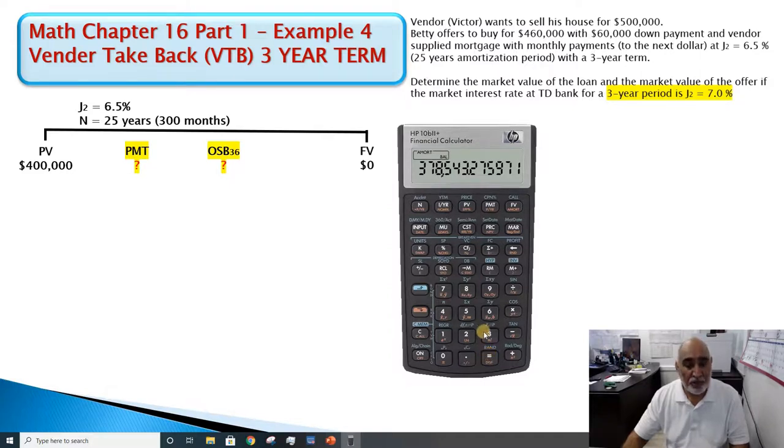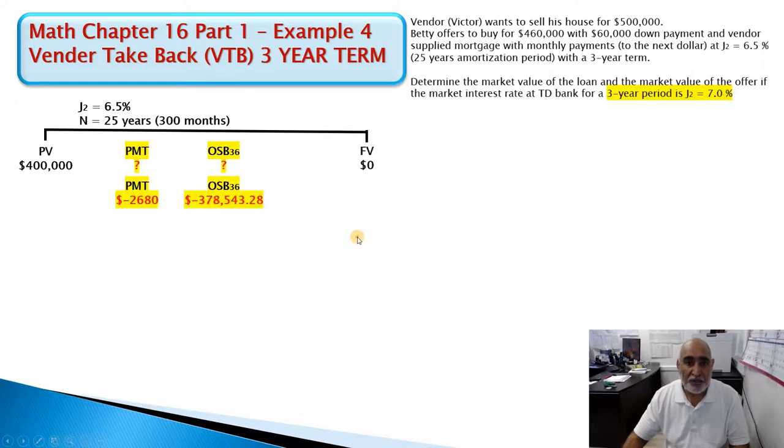We can also do OSB 36 by just doing 36 input, second amort, 1, 2, 3. Same answer, 378. So we have our payment and our OSB 36. The payment is 2680, and OSB 36 is 378. OSB also has a negative, even though the calculator did not show a negative.